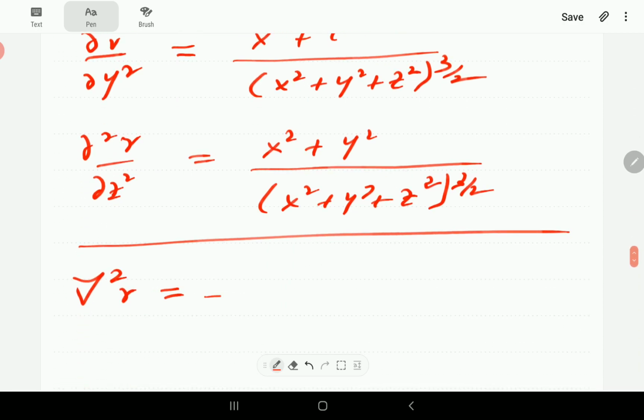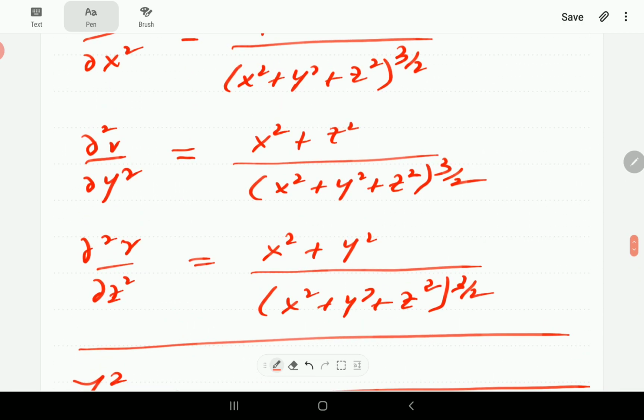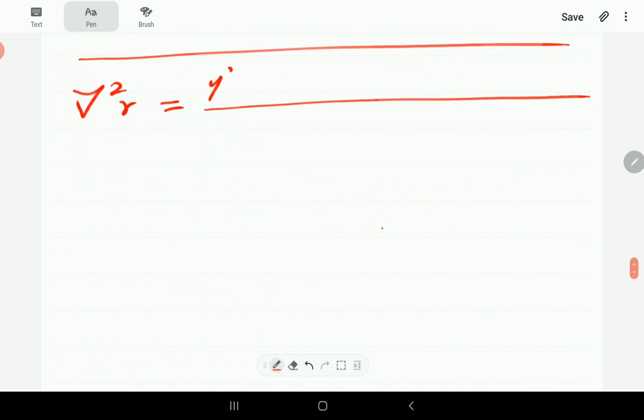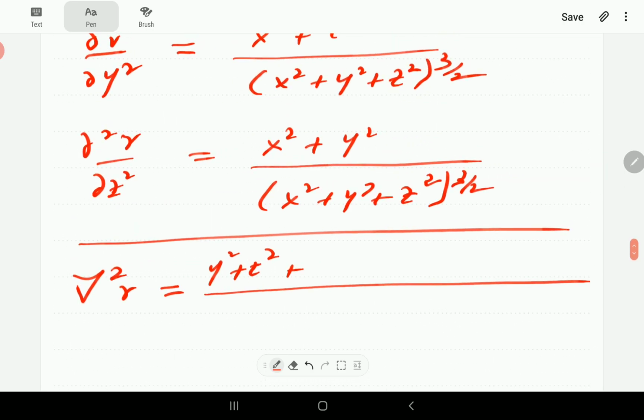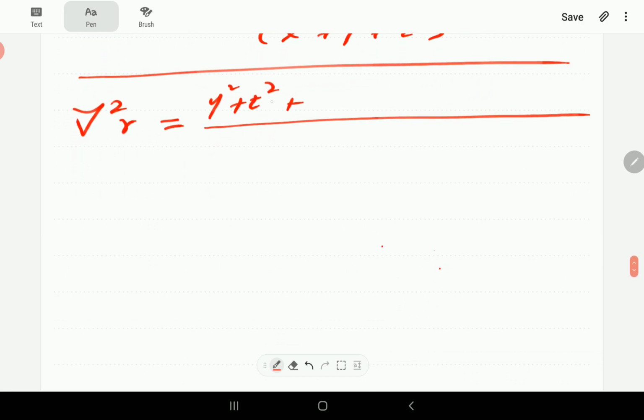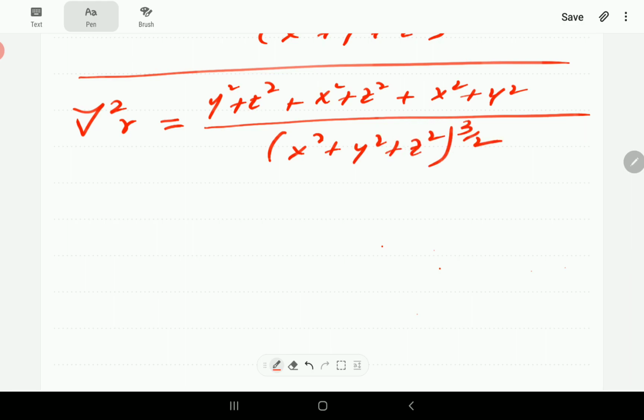If we do that, from the first one we've got y squared plus z squared. From the second one we've got x squared plus z squared, and the last one we've got x squared plus y squared, all of them divided by x squared plus y squared plus z squared to the power 3/2.